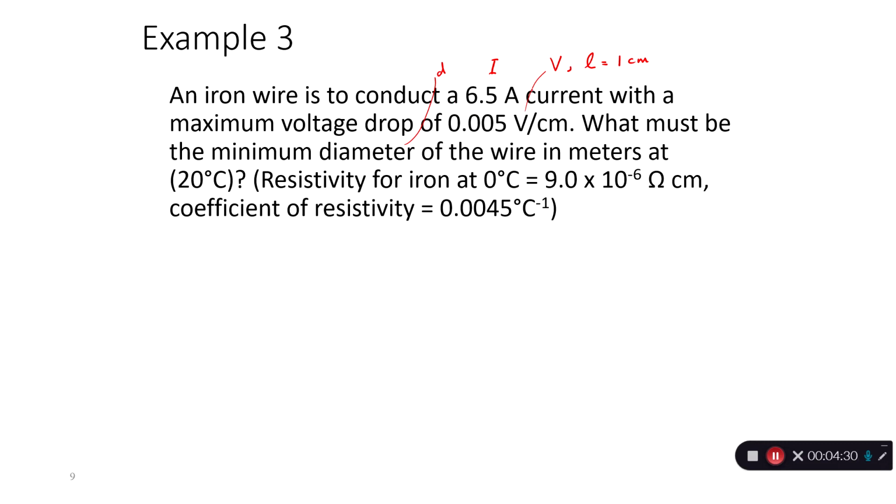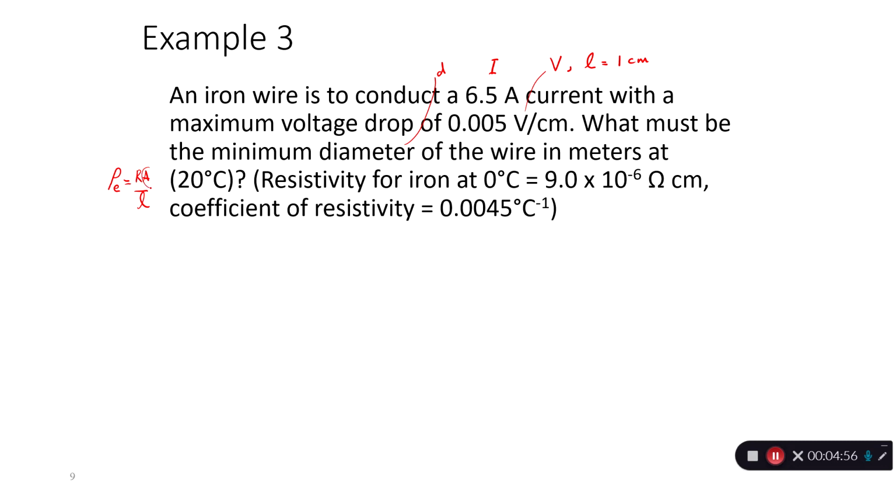In order to solve this, we have to find the resistivity at 20 degrees first, and then use that value. Remember, resistivity is rho equals RA over L.